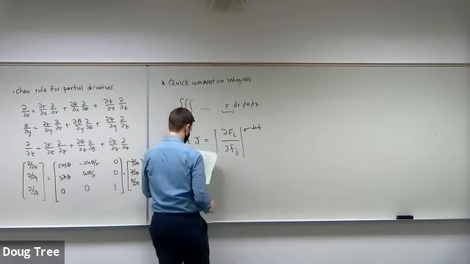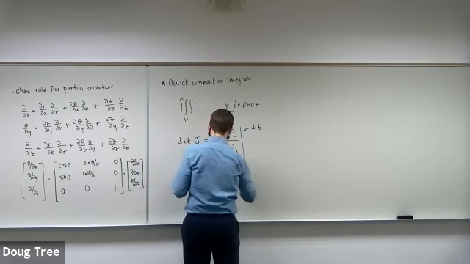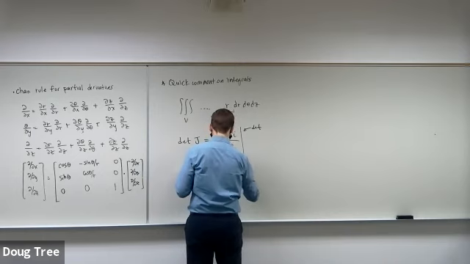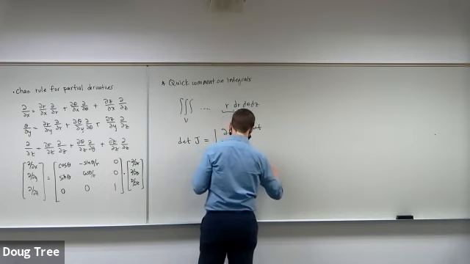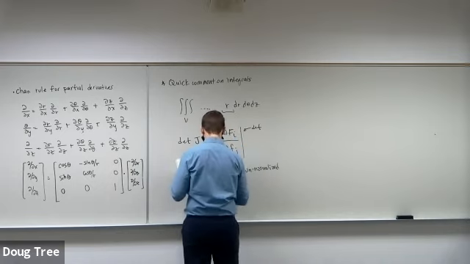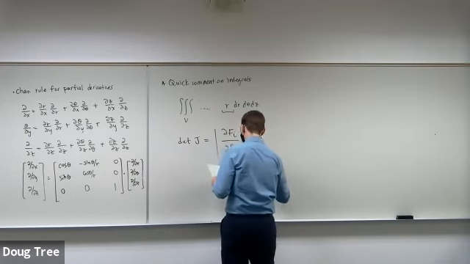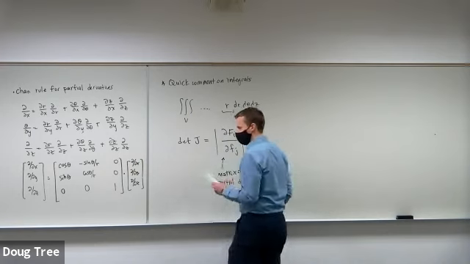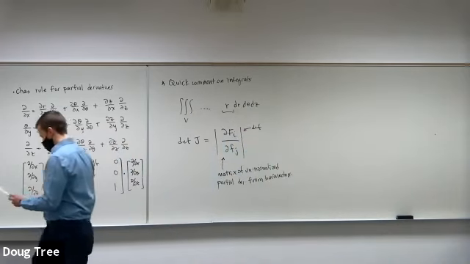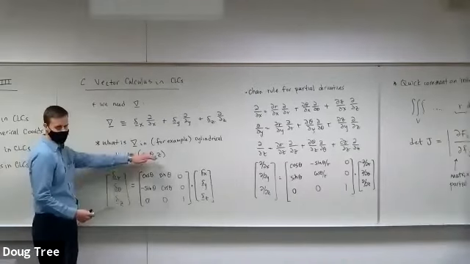And this is the matrix of unnormalized partial derivatives from the basis vectors. This is this guy right here, except this one's already been normalized.